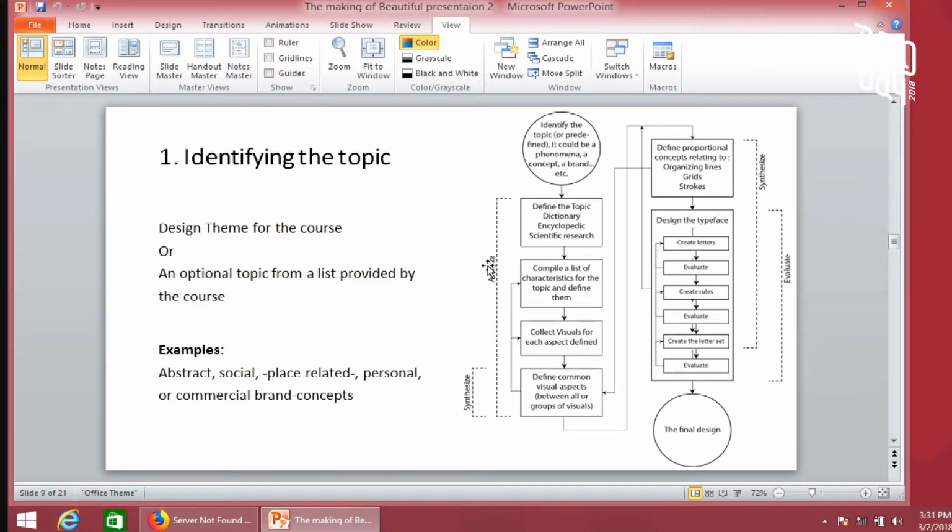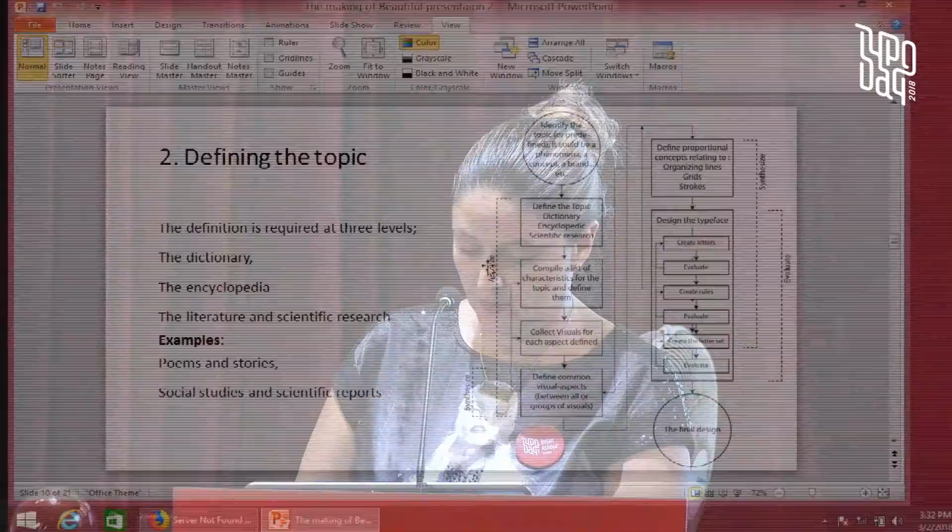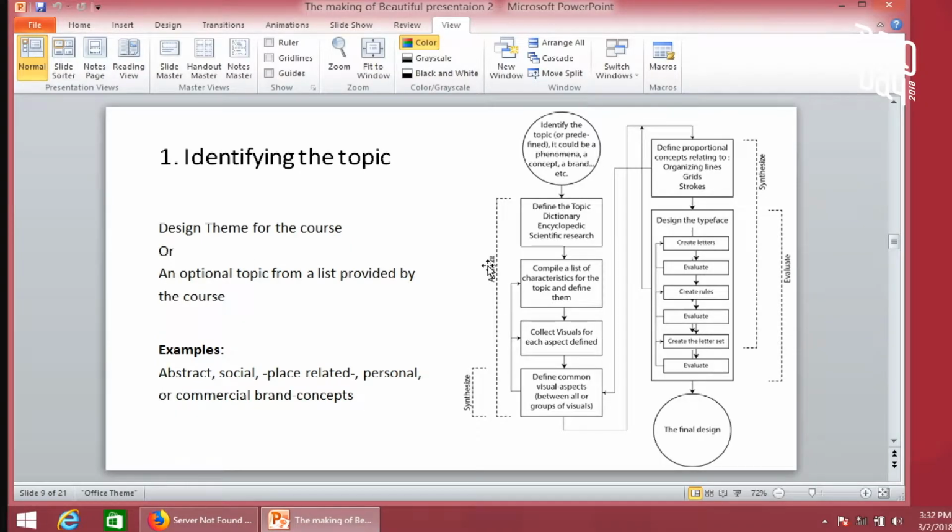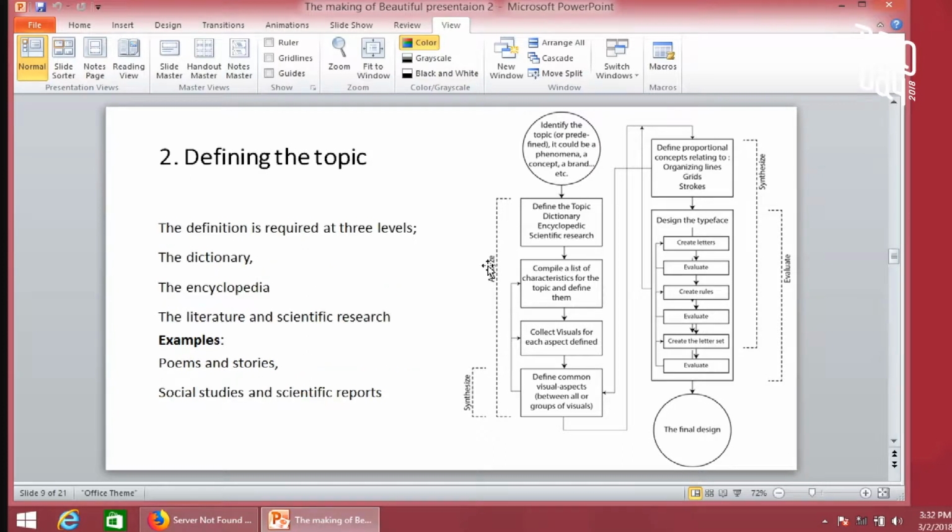The first step of our method is to identify the topic. We can give them a specific topic, or they can use one of their own chosen topics. For example, the abstract, the social, place-related, personal or commercial brand concepts are some of our topics.